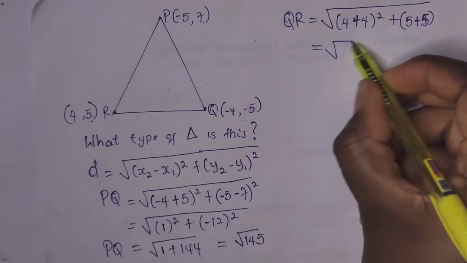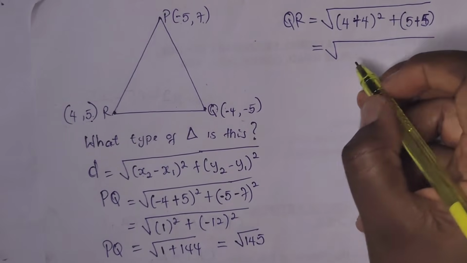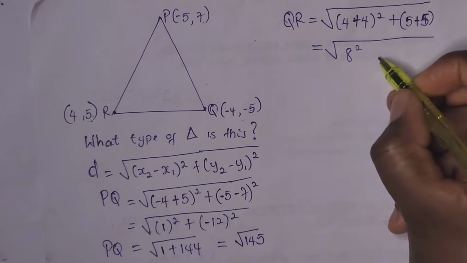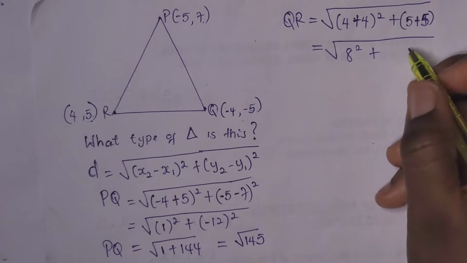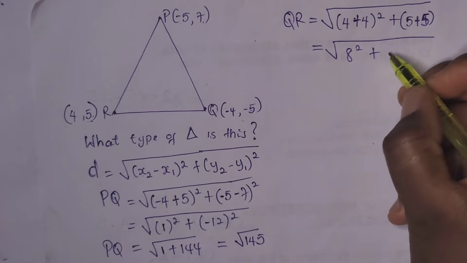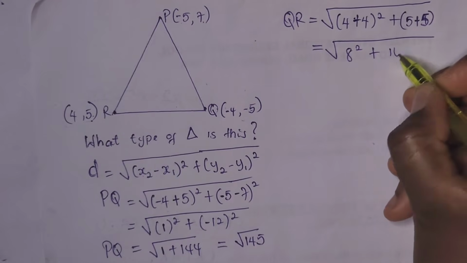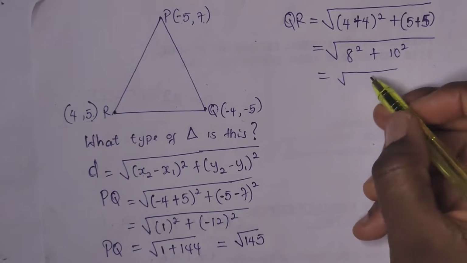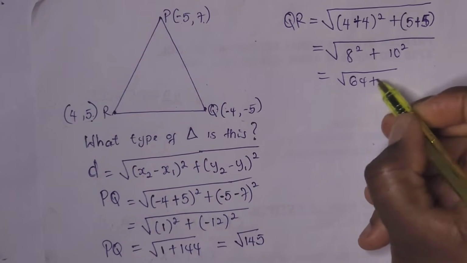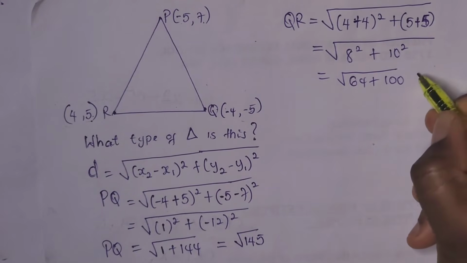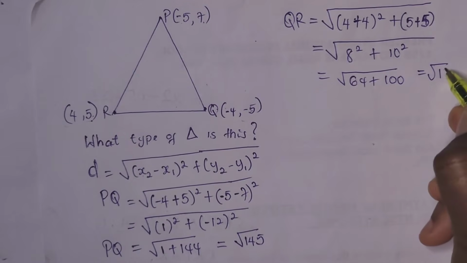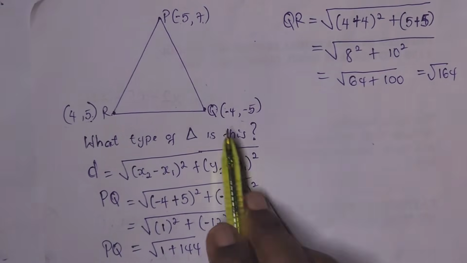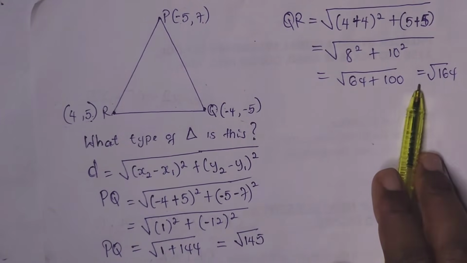So this is equal to 4 plus 4 is 8, 8 squared, plus 5 plus 5 is 10, so we have 10 squared. So this is equal to 64 plus 100, which is equal to root 164. So the distance from Q to R is root 164.